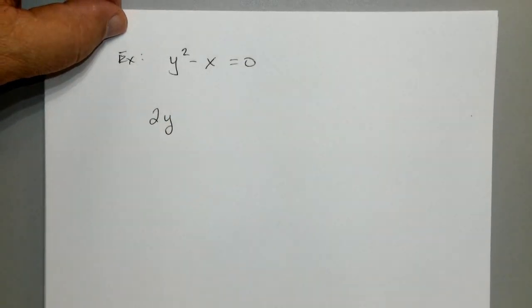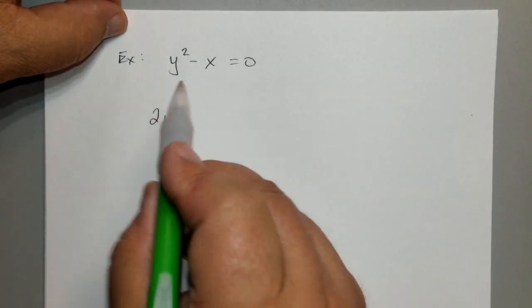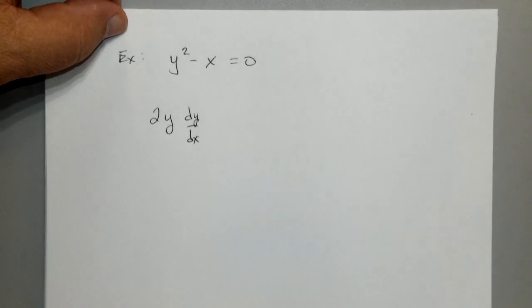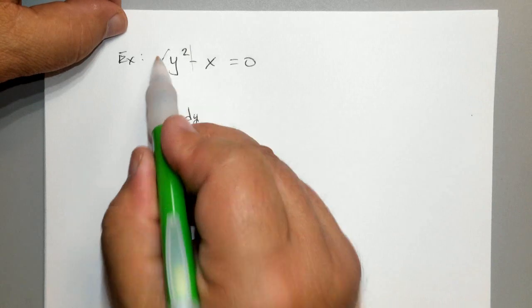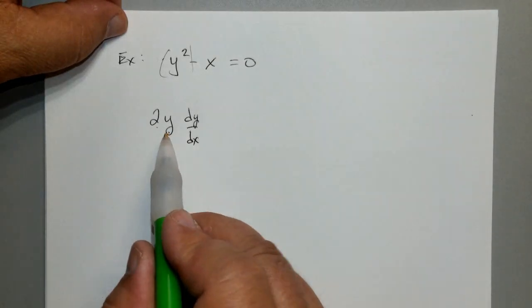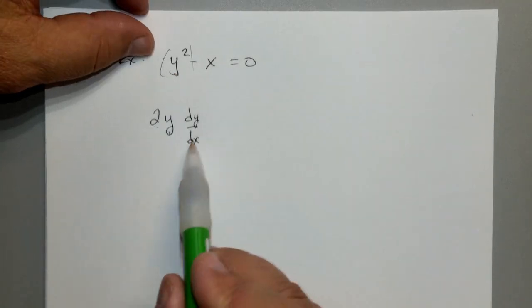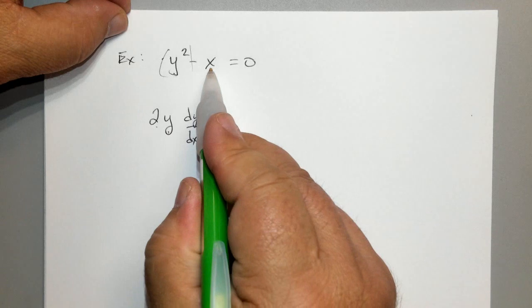Two y, but we have to take a derivative of y with respect to x. Take the derivative of y, we get dy dx. We took a derivative of the outside. Remember the power rule? Take derivative of the outside. Now we take a derivative of the inside. The derivative of y is dy dx. What's the derivative of x?